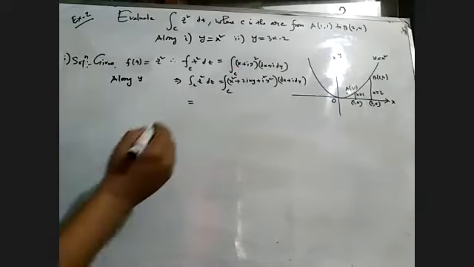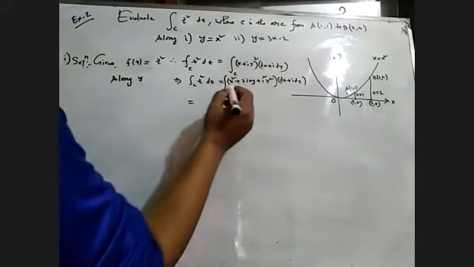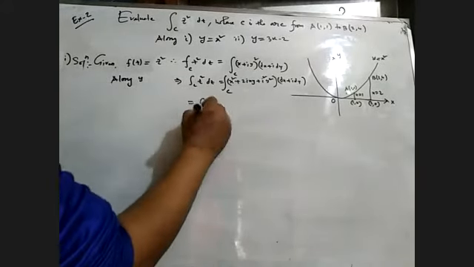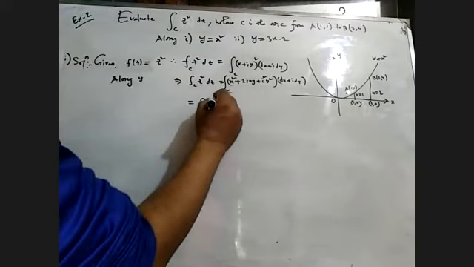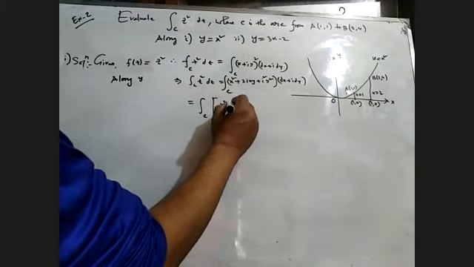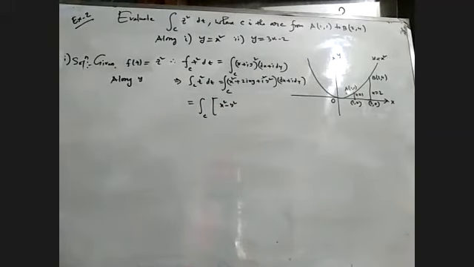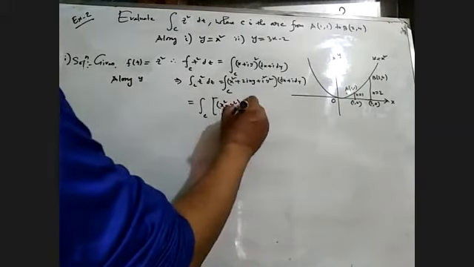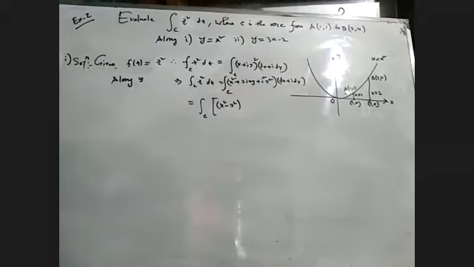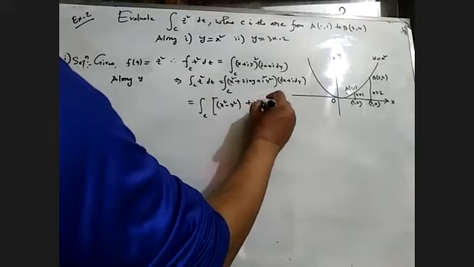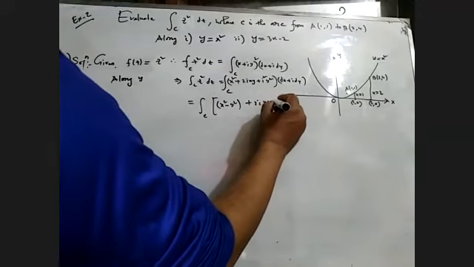So this can be written as, i square means minus 1. Okay, so we get x square minus y square as the real part, and another one is twice i x y.